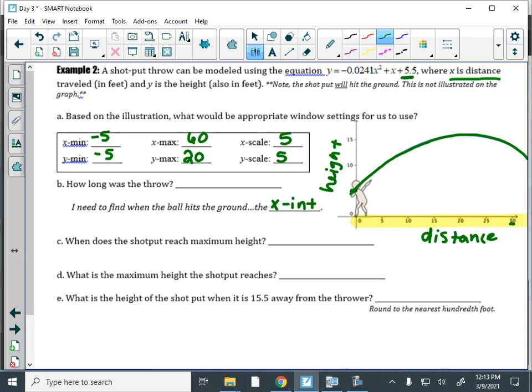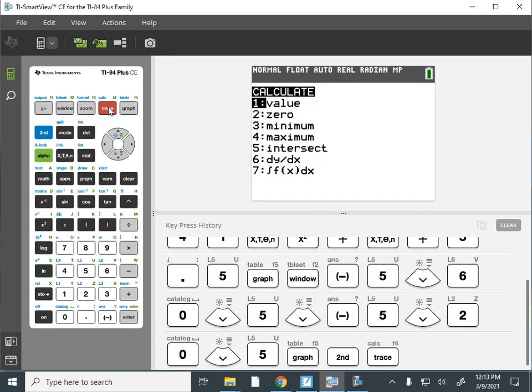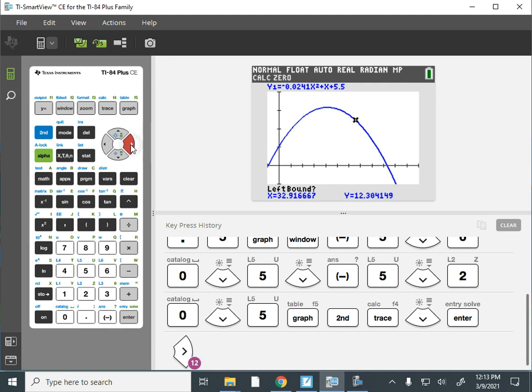So to do this in your graphing calculator, we are going to use that zero tool. So we're going to hit second, trace, 2. As I'm approaching that x-intercept from above, it's going to be above. Hit enter.